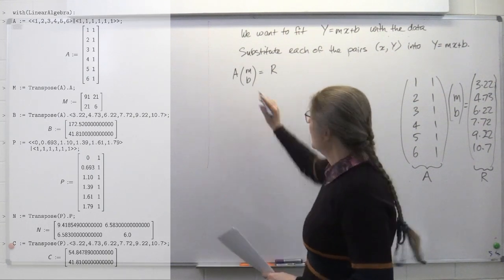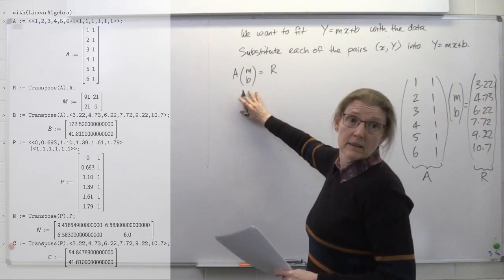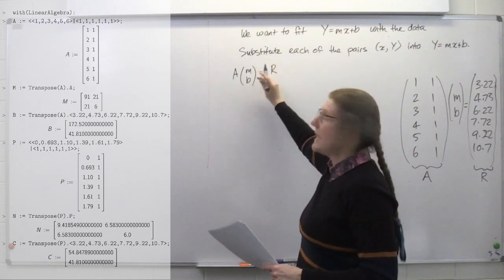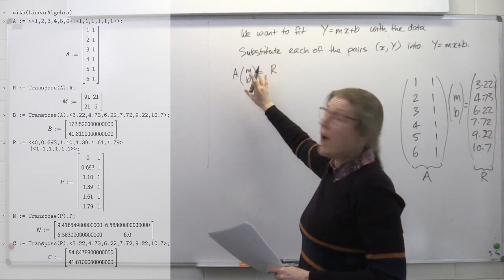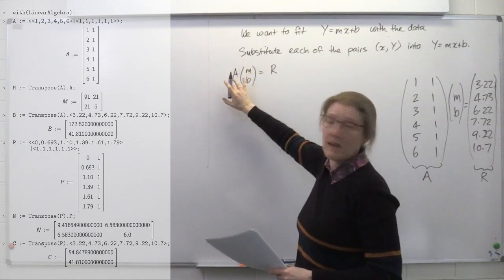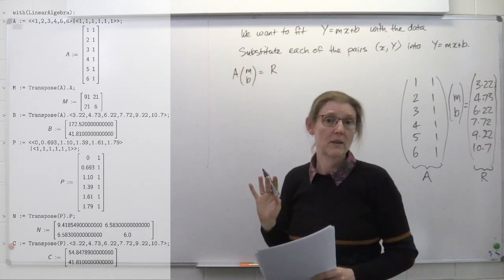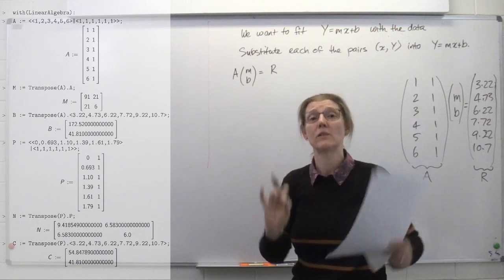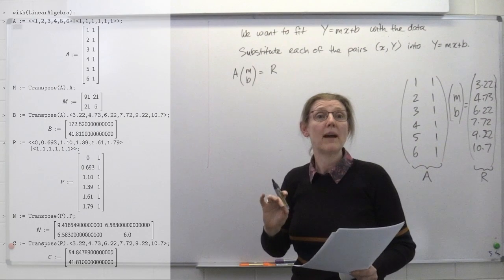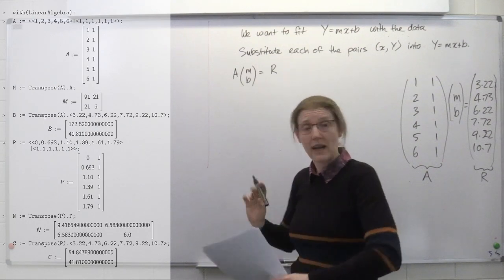Let's take this matrix equation, and in order to get M and B by themselves, I would like to just have the inverse of A and multiply both sides by the inverse. But I can't, because A is not square. And so I am going to multiply throughout by A transpose on the left.